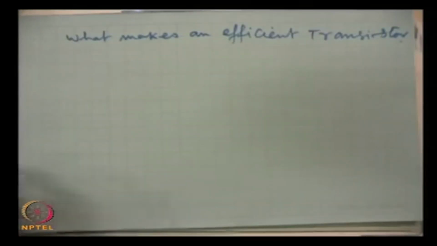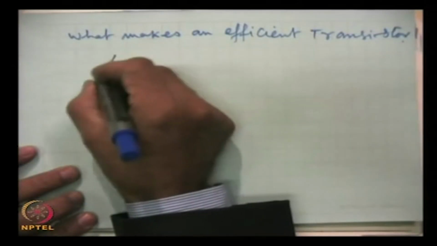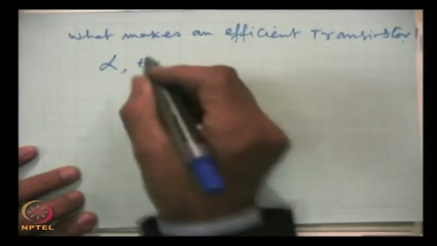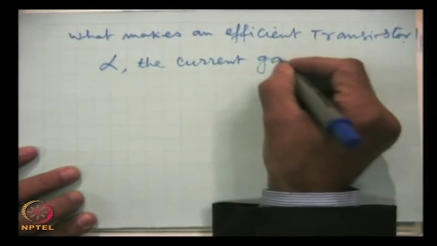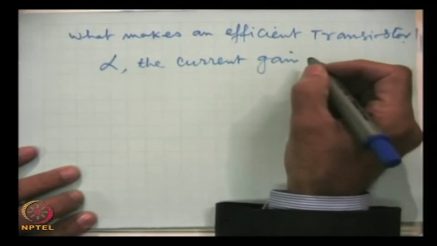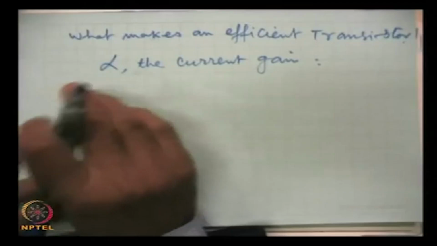Current gain alpha is fundamental, and all effort should be to make alpha, the current gain, as near unity as possible, and if we go into greater detail, alpha depends on 3 factors.